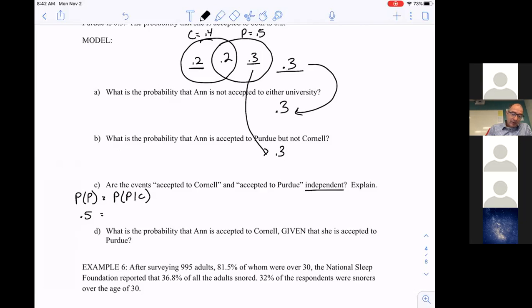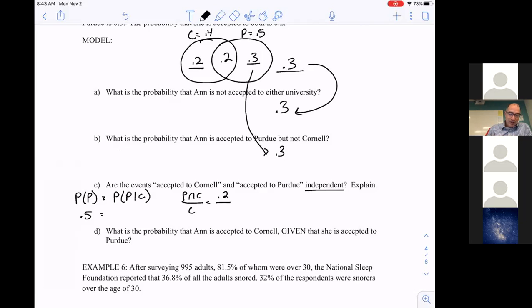If I do that calculation, it's going to be the intersection of the two events. I should write that the other way around, sorry. It's going to be P intersect C divided by C. I know that the intersection of the two was 0.2. Sorry, I went backwards from my notes and that confused me for a second.